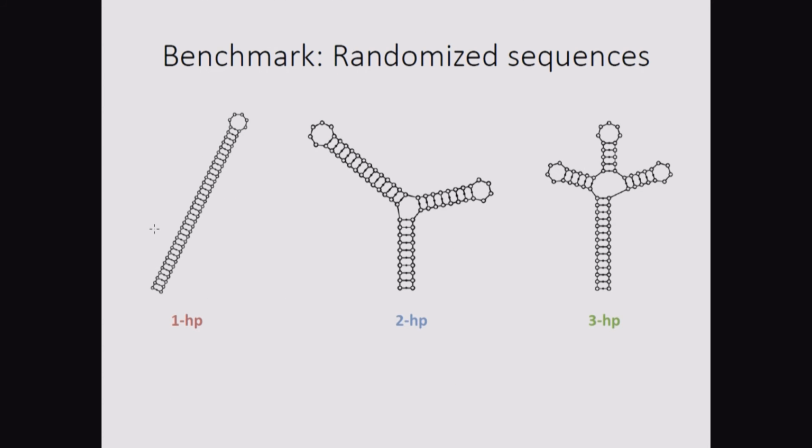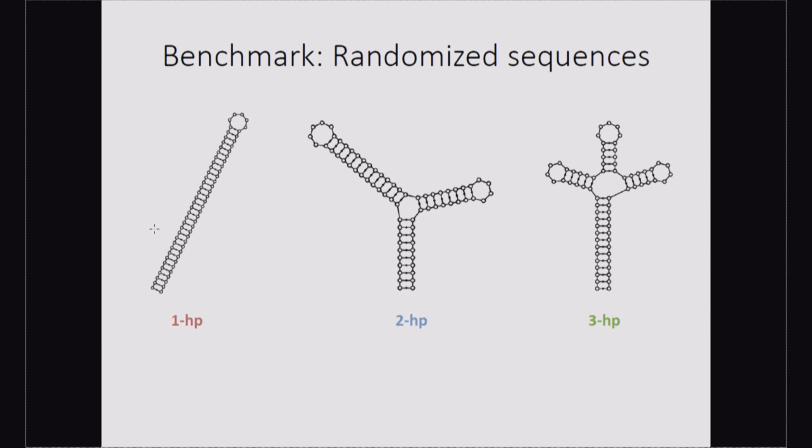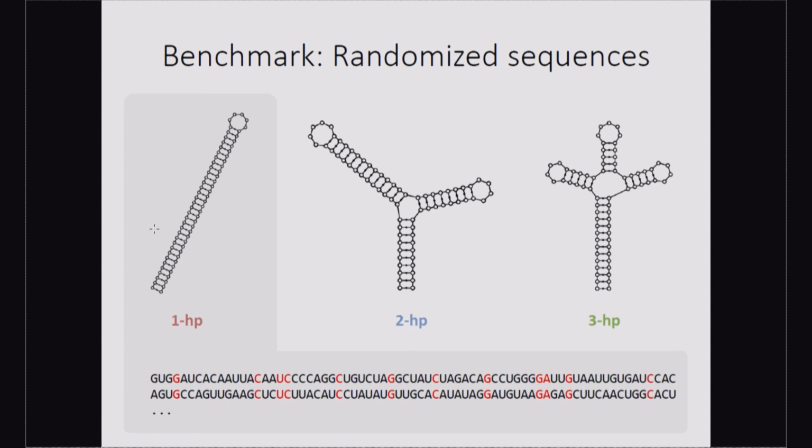So just to benchmark this, first we created a synthetic data set. Basically, we generated sequences that were pretty much random, except they are constrained to form one of these three structures. And just to emphasize, for a given structure, these sequences look essentially random. You would not be able to pick out that they are the same structure just based on their sequence alone.